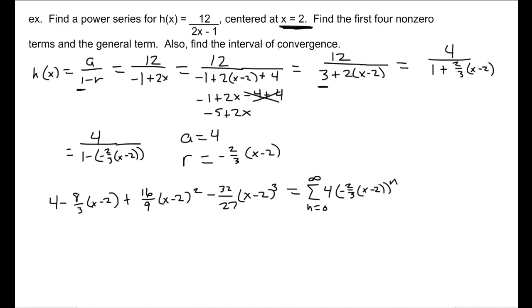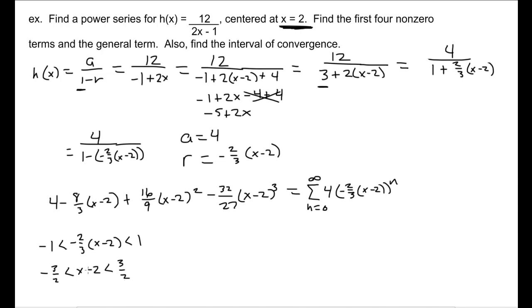And we want to finally find the interval of convergence. So we have negative 1 is less than negative 2/3 times x minus 2, less than 1. And now I just have to get x by itself. So we're going to multiply by negative 3/2. That'll turn the signs around and make these numbers opposite. So it ends up being negative 3/2 is less than x minus 2 is less than 3/2.